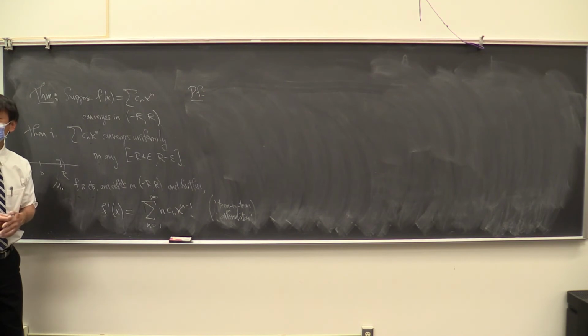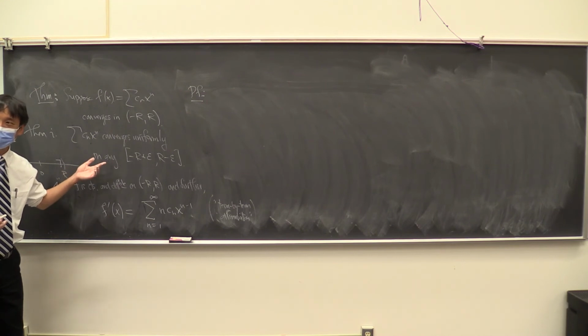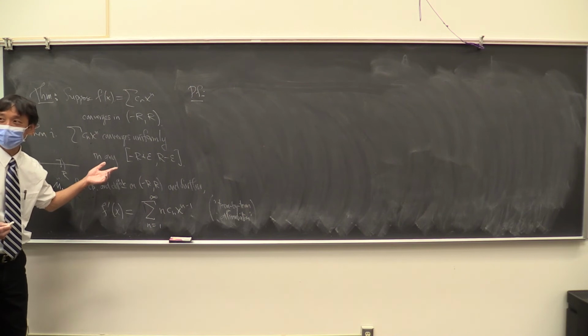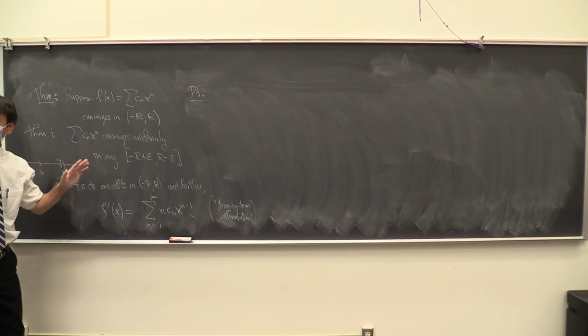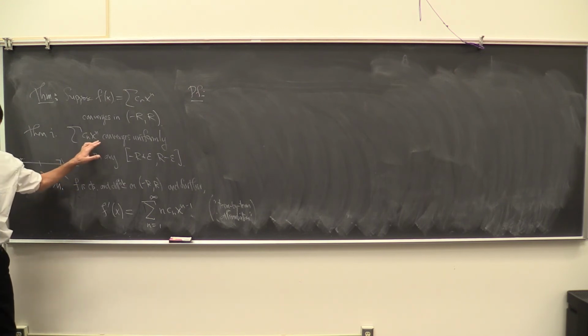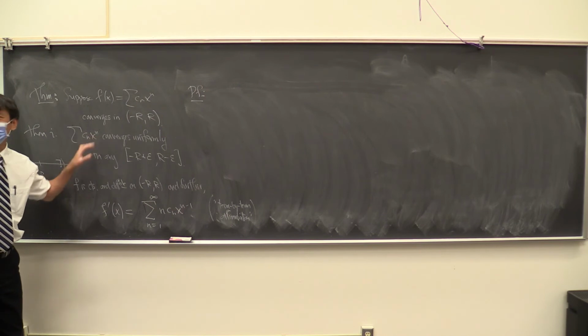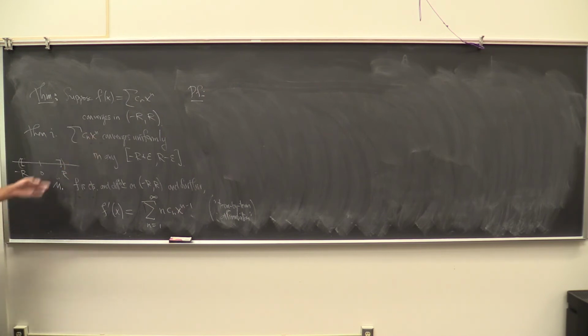We basically have only one tool. Anybody know? It's okay, I understand it's risky to say anything. The Weierstrass M-test. That is our tool to show uniform convergence of a series.